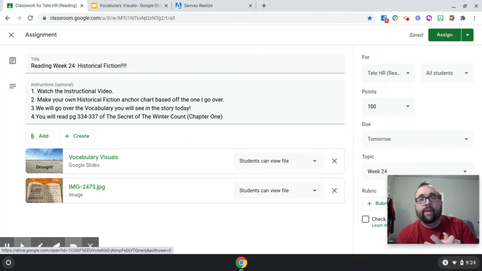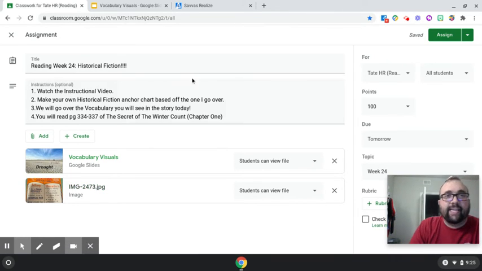Awesome. If not, notebook paper or white paper will work. Then we're going to go over the vocabulary you're going to see in the story today. Then we'll talk about the story just a little bit, and you will begin reading. Okay? All right, guys. So let's get into it.